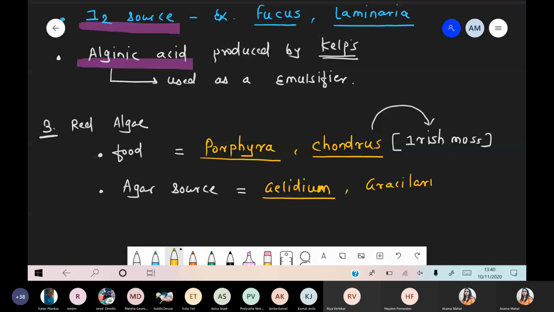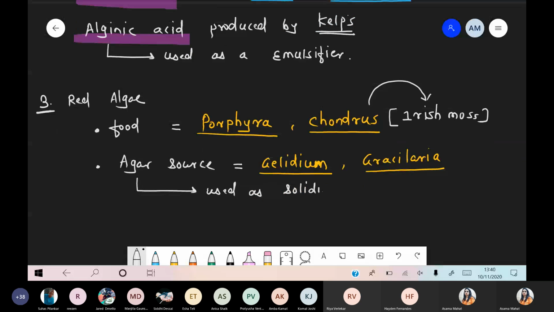You know very well that agar is basically used as a solidifying agent in PTC, as well as a thickening agent in bakery products, like in preparation.